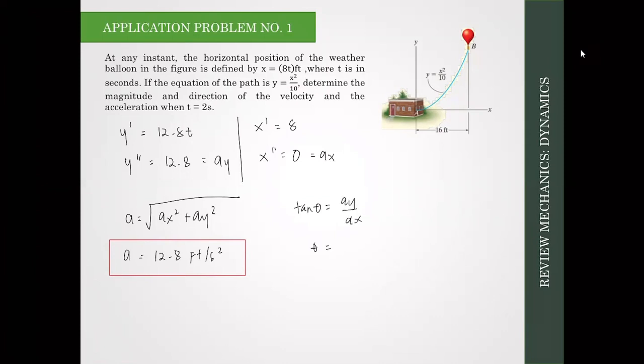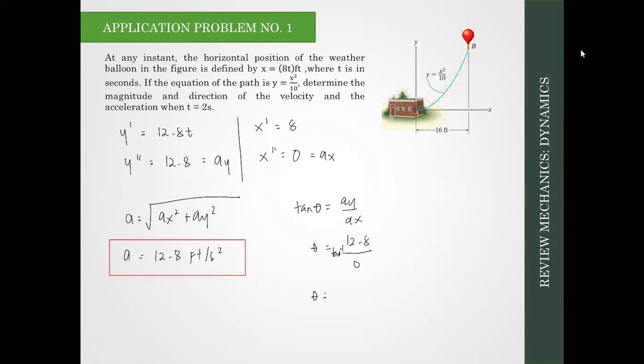So, theta is equals to yung ay natin is 12.8, then 0, tas tangent. So, since ito is nag-undefined, and para magkameron tayo ng value for tangent ng undefined, so, what we can do is, kunin yung value niya, no?